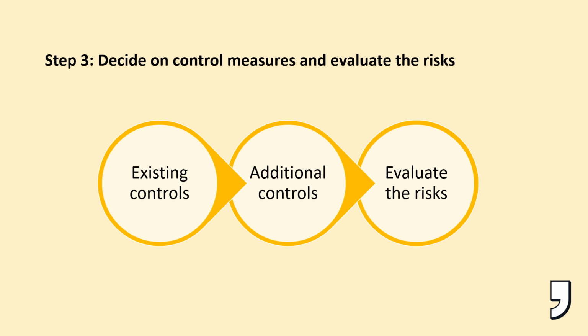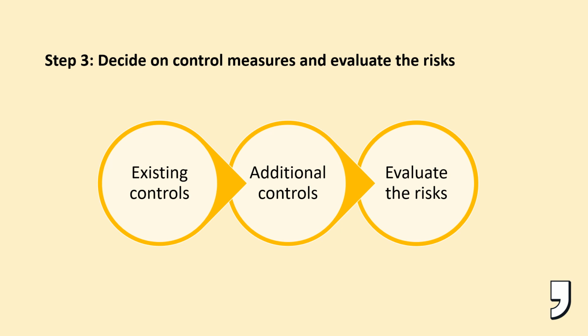So moving on to step 3, deciding on control measures and evaluating the risks. So at each stage, we have our existing controls that might be in place naturally as a result of the activity. We can then add in additional controls, but at each stage that we add an additional control measure in, we need to evaluate the risks at that point.